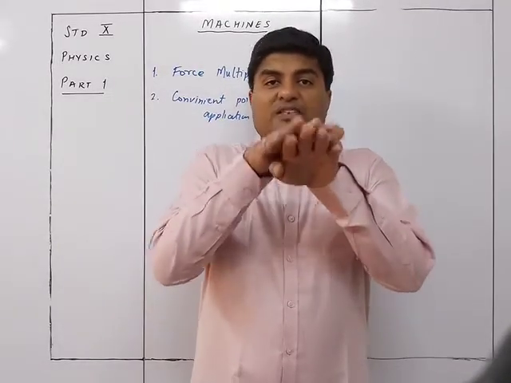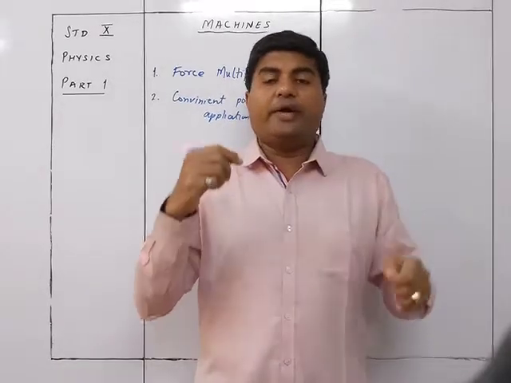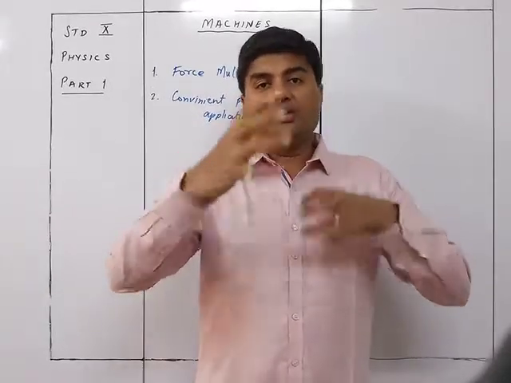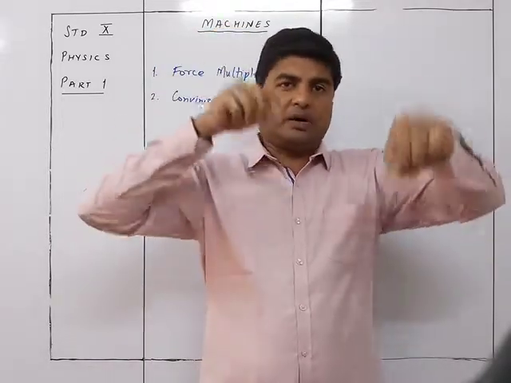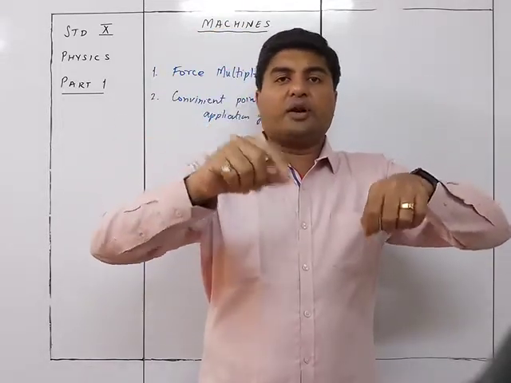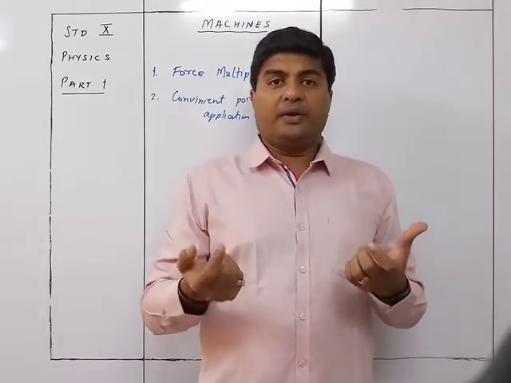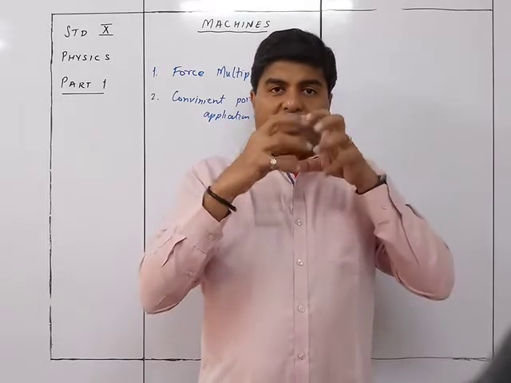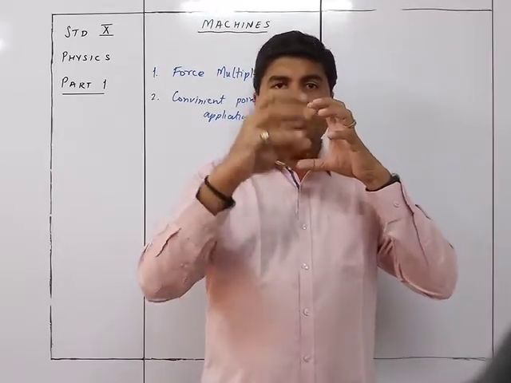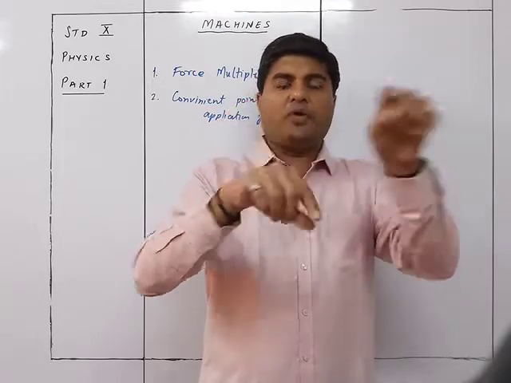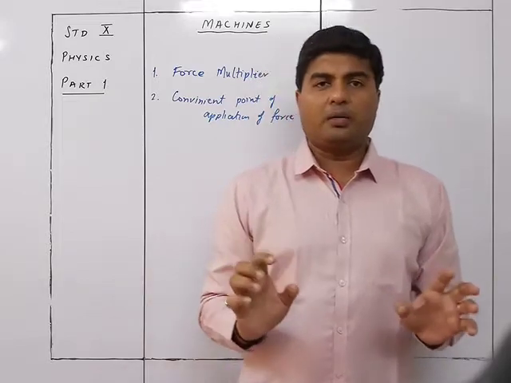If the seat had been at the back, or your pedal had been exactly on the wheel itself, then it would have been difficult for us, because the handle would be far off, and it would not be convenient. So what we are doing is that the rear wheel is connected to a chain, and the chain is connected to a pedal, and we are pedaling sitting comfortably on that seat with the handle very close to you.